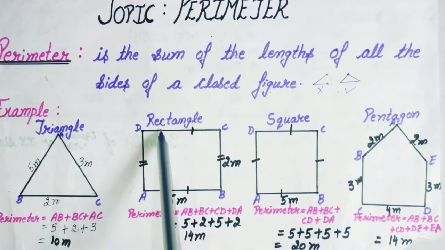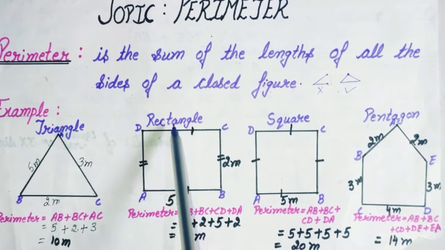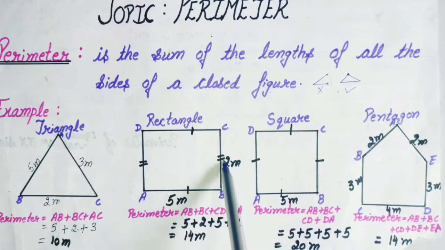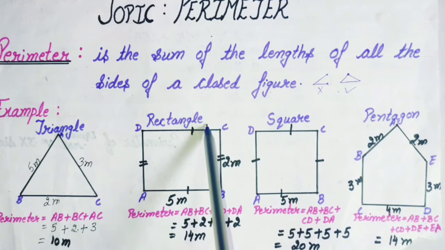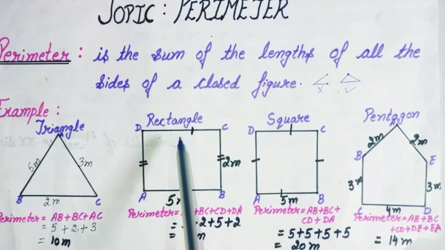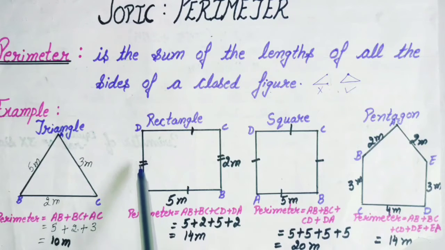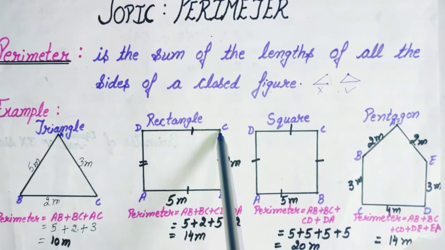Yes, the rectangle is that closed figure in which there are total 4 sides. 1, 2, 3, 4. And the second property of this rectangle is that opposite sides are equal. See, if AB is 5 meter, then CD will also be 5 meter.